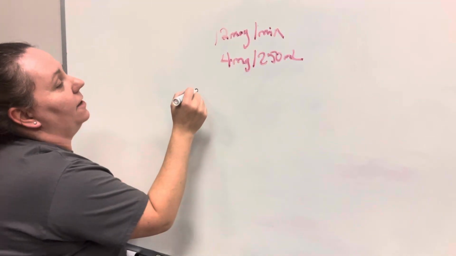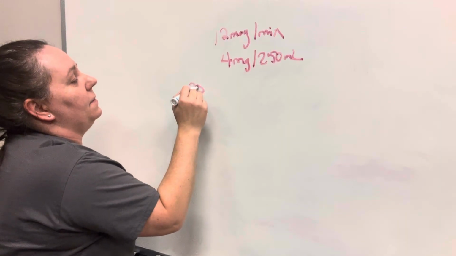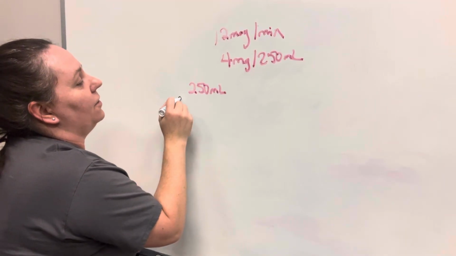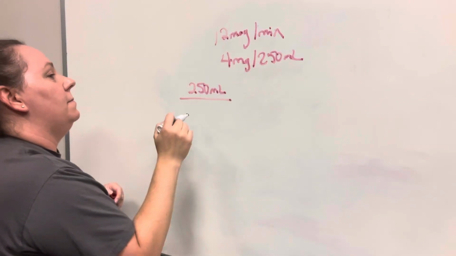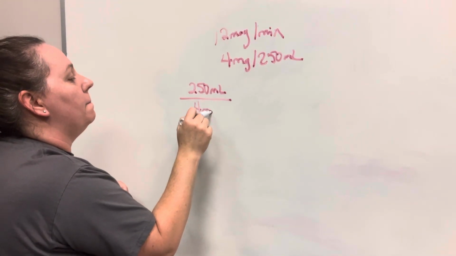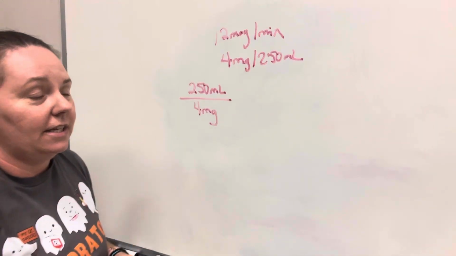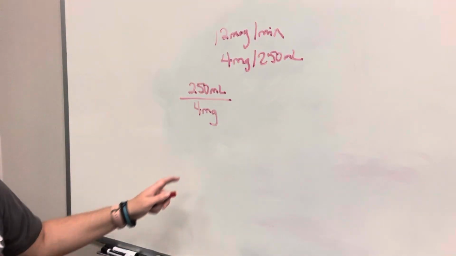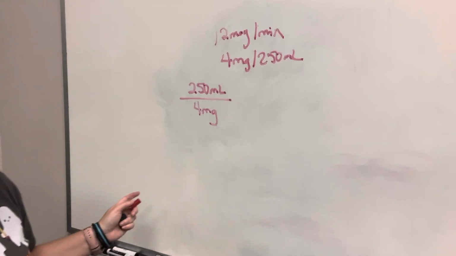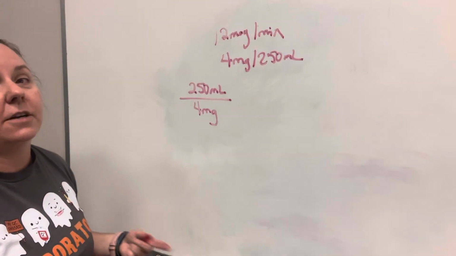Okay, so we're going to start with milliliters because that's the left side of our equation. We're starting with milliliters, ending with hour. So we have 250 milliliters, which has 4 milligrams of medication in it. And the dose is for 12 micrograms. Well, we've got to go ahead and convert this, and everybody here knows the conversion from milligrams to micrograms, right?